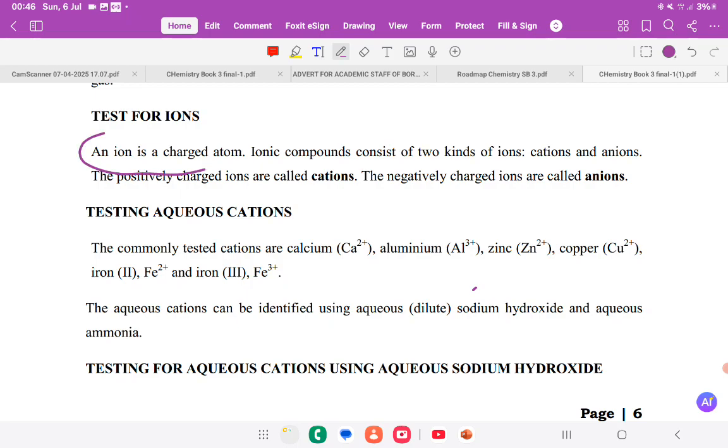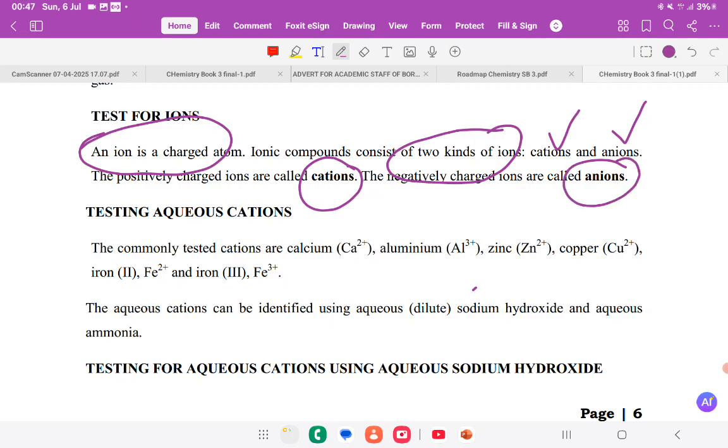An ion is a charged atom. Ionic compounds contain two kinds of ions, namely cations and anions. The positively charged ions are called the cations. Okay? And the negatively charged ions are called the anions.